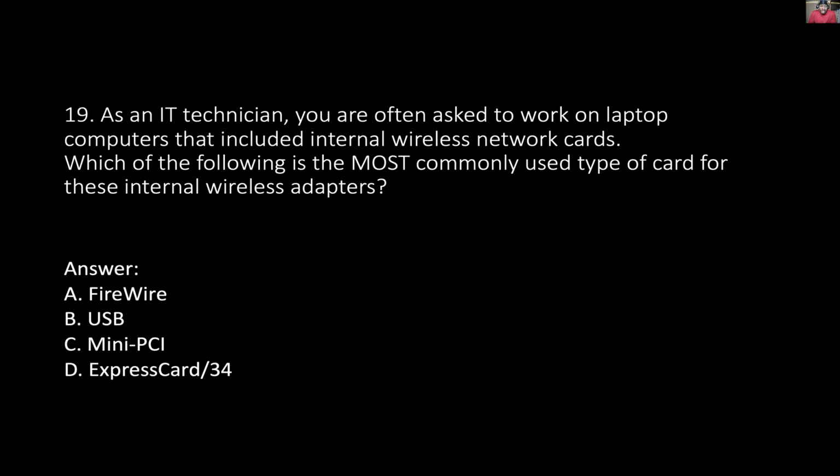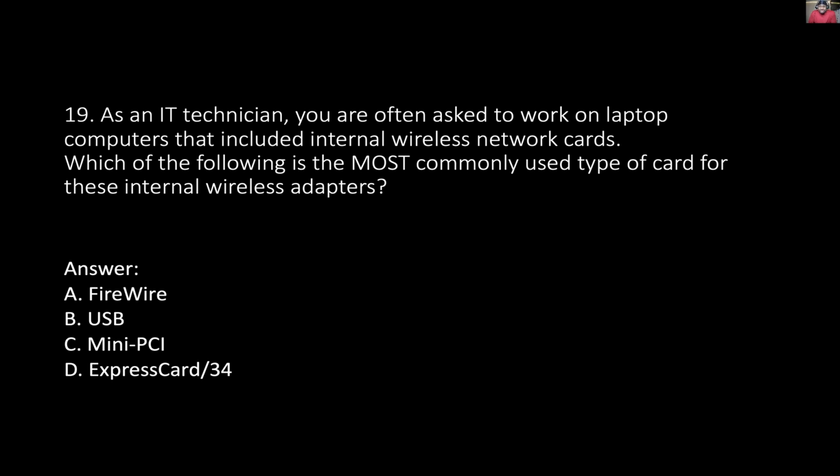Is that a type of wireless adapter? FireWire? I think no. Nah, I don't think so. B, USB? I don't think so. C, mini PCI. Yep. D, Express cards /34. Nah, I don't see that.